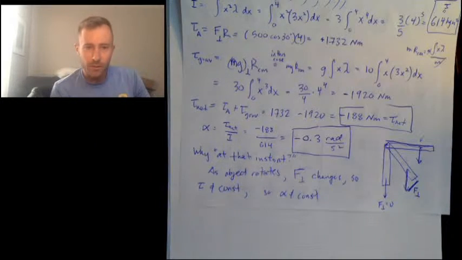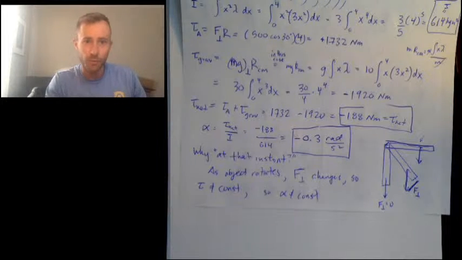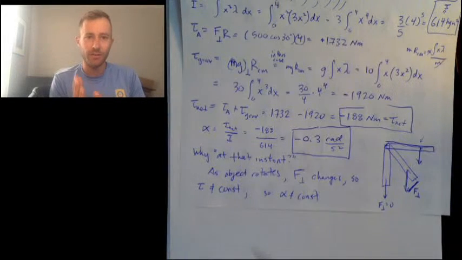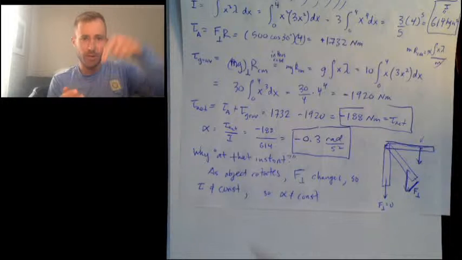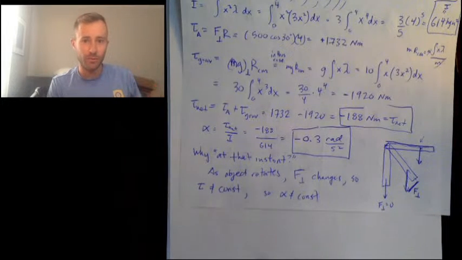Okay, so that's an important point for this particular example. So anytime you have forces that are maintaining their direction, even as the object rotates, you are going to have alpha not equal to a constant. So that's an important thing to understand.